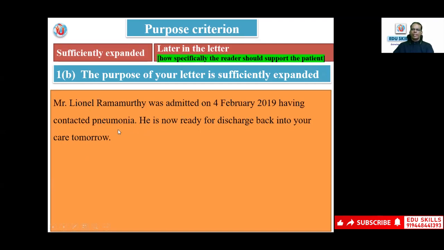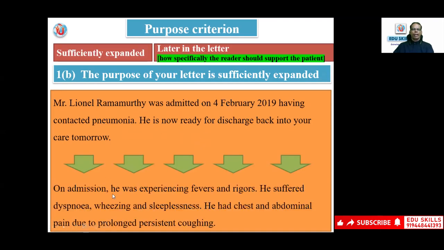See, this is the first statement, your introductory paragraph, but then immediately your next paragraph should detail this. For example, here, having contracted pneumonia, that is the chief complaint. So the second paragraph after the introductory paragraph will speak about the symptoms given in the case notes, not symptoms of pneumonia, which you know, but the symptoms given in the case notes regarding this particular patient.